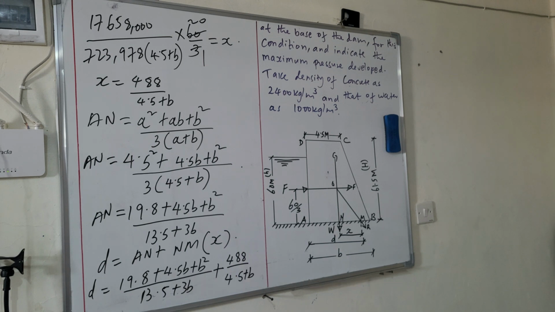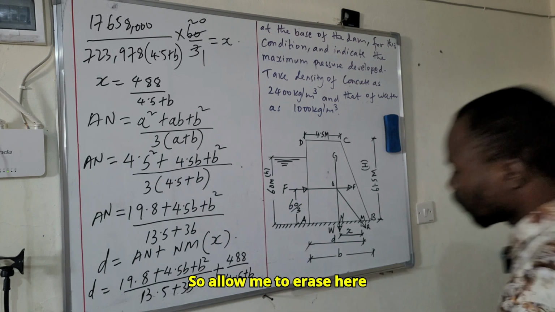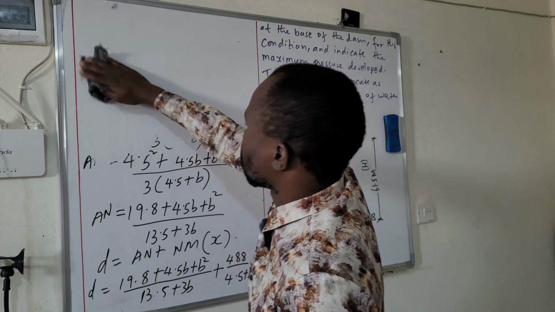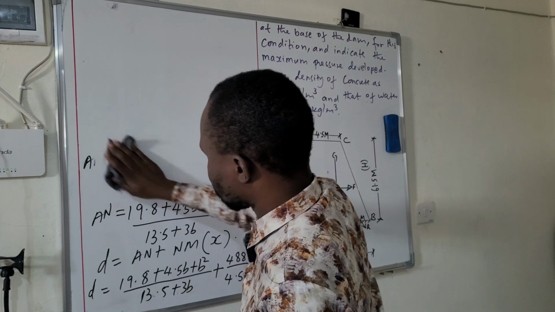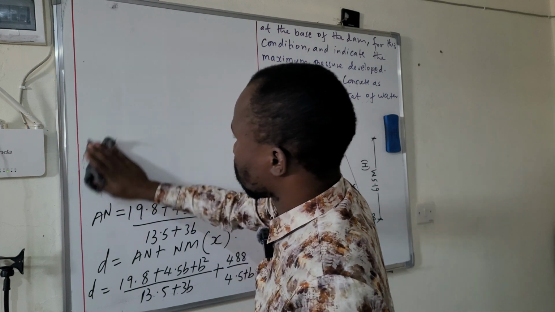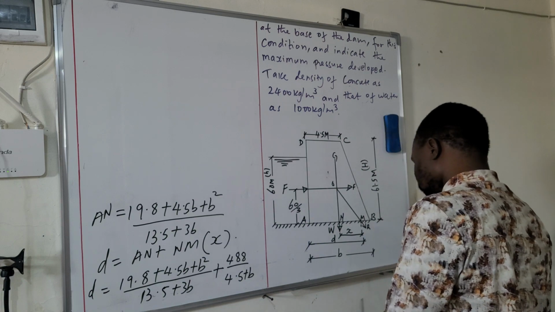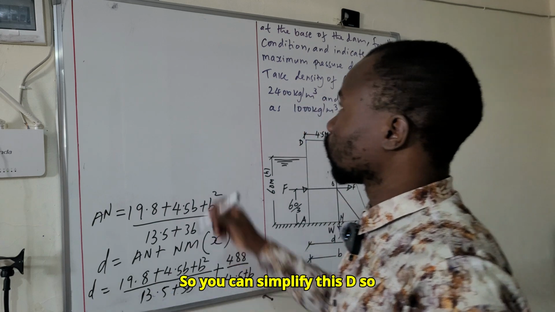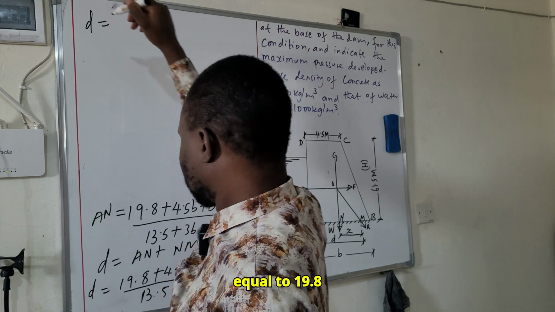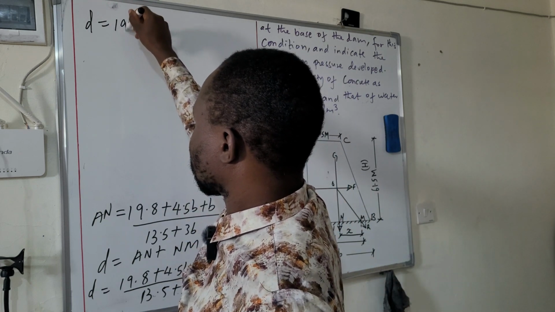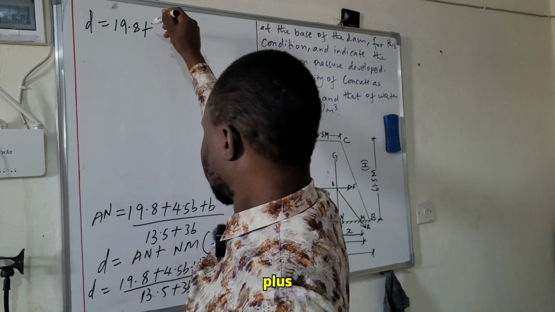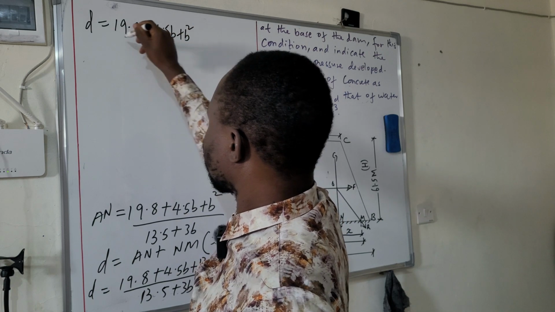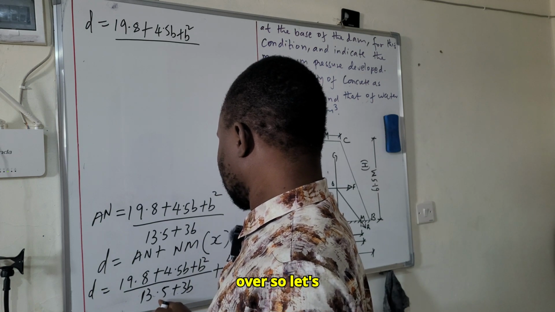Then we simplify the expression. So you can simplify this D. So D is equal to 19.8 plus 4.5 B plus B square over, so let's factorize this.